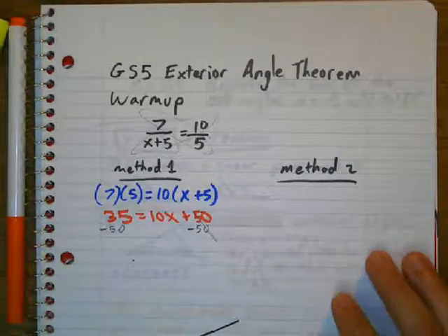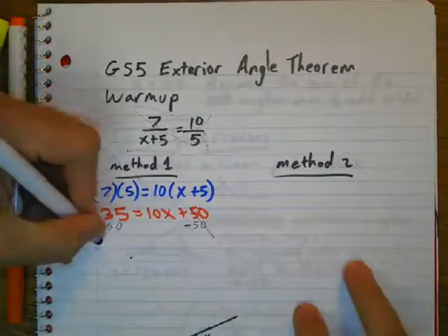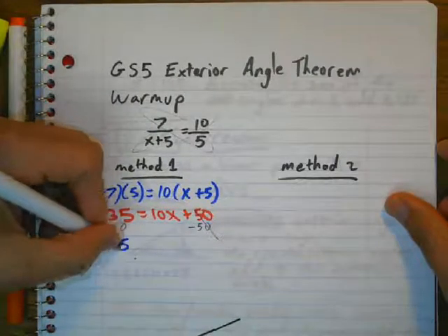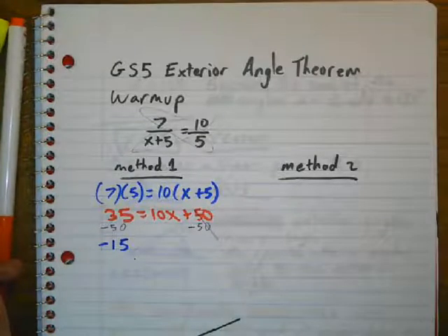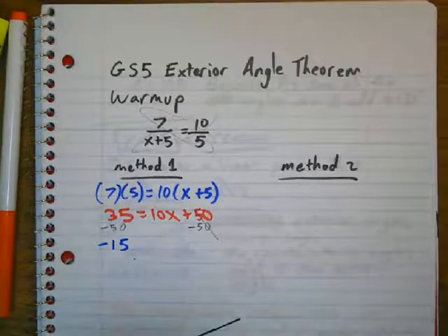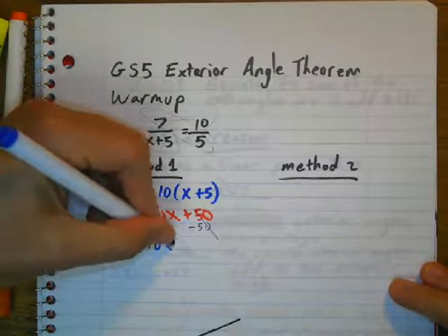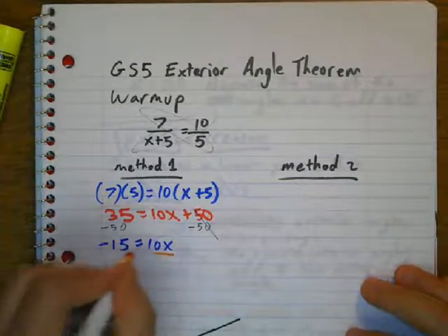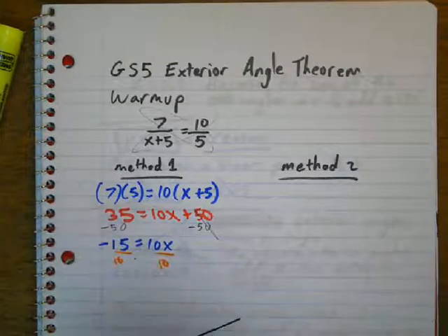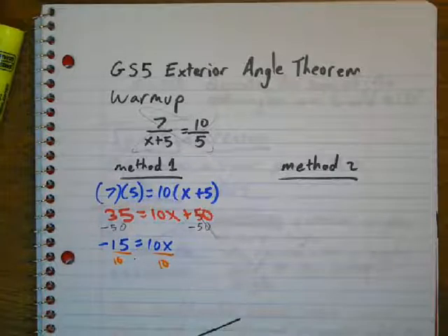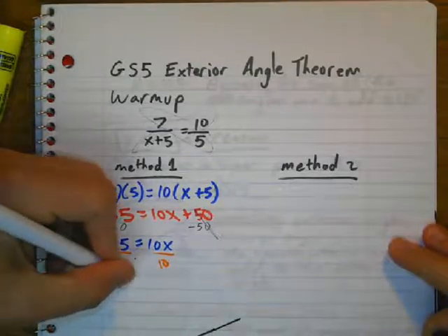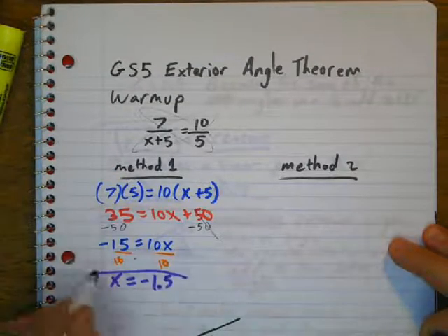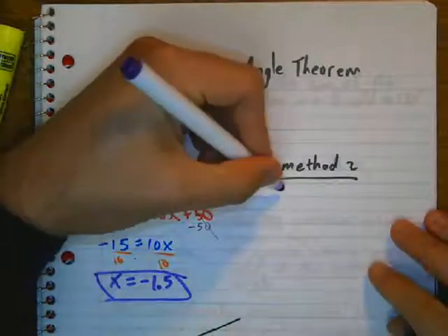And now I've got 35 minus 50 is going to give me negative 15 equals 10x, and then divide both sides by 10, and we're going to get x equals negative 1.5.